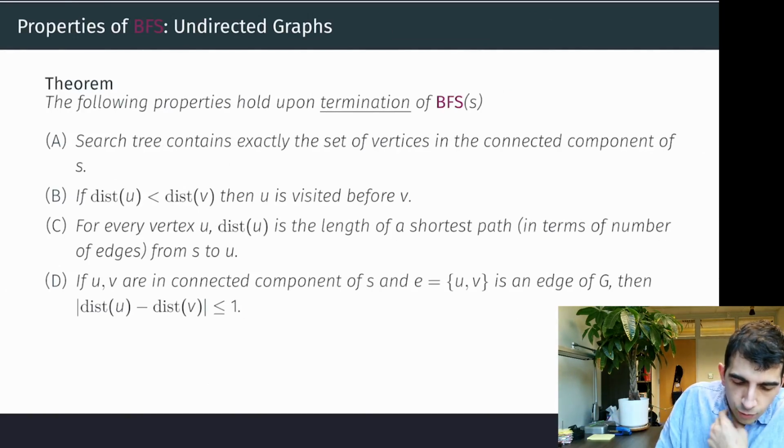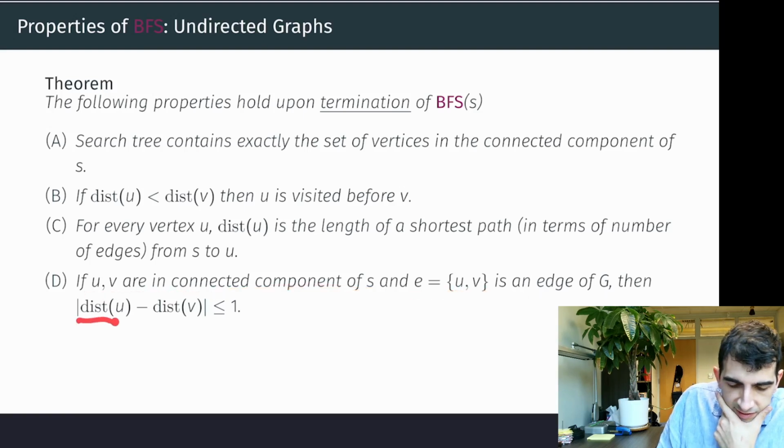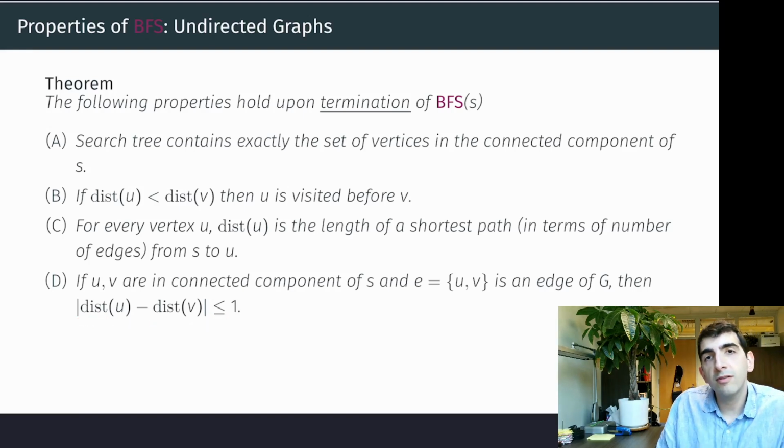Also, if U and V are in the connected component of S, and there is an edge between U and V, then the distance between U and V is less than or equal to 1. Okay, that's pretty self-explanatory also, right?